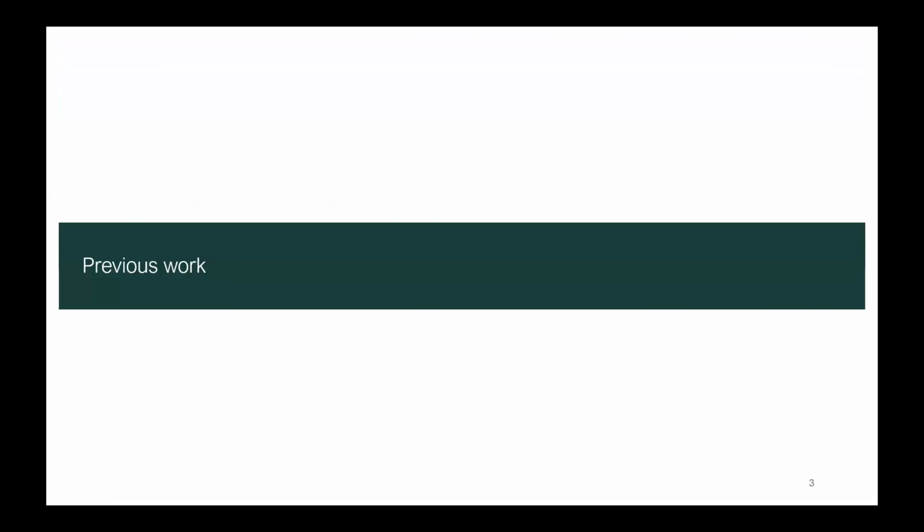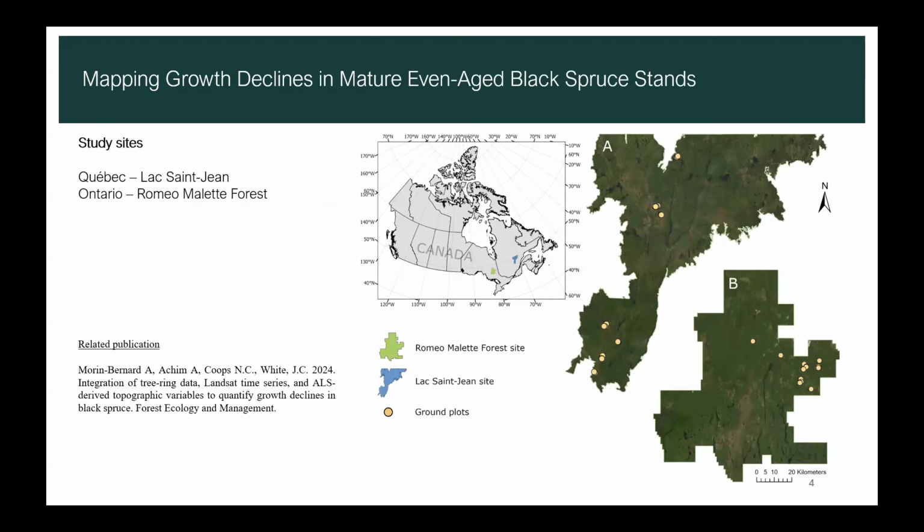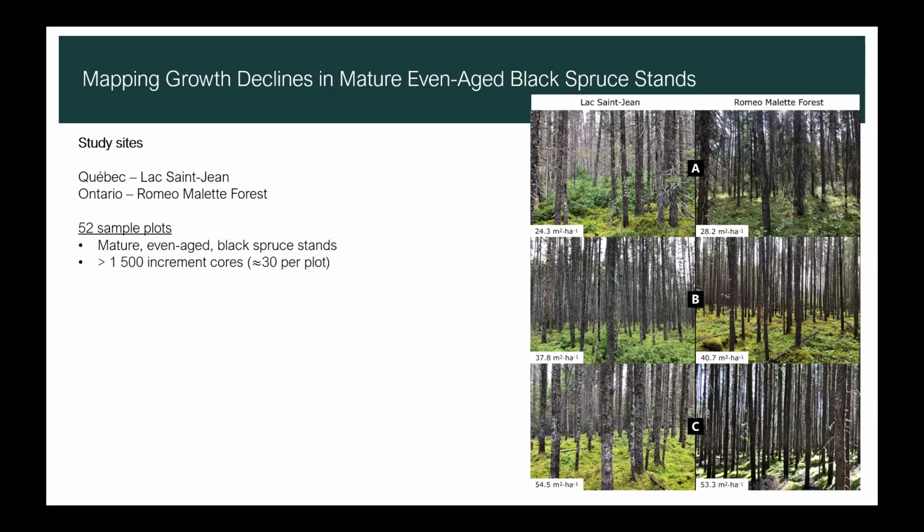So starting with our previous work, what we did in this project is that we selected two forest management units in the boreal, one in Quebec, north of the Lac Saint-Jean, and one in Ontario, the well-known Romeo Mallet Forest. In these two sites, we established a total of 52 sample plots.